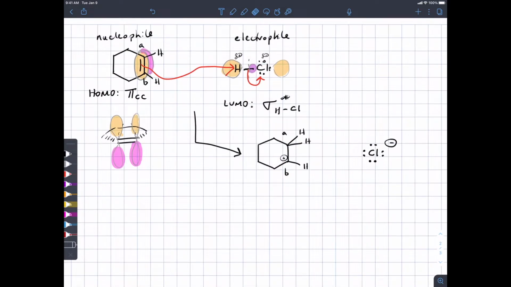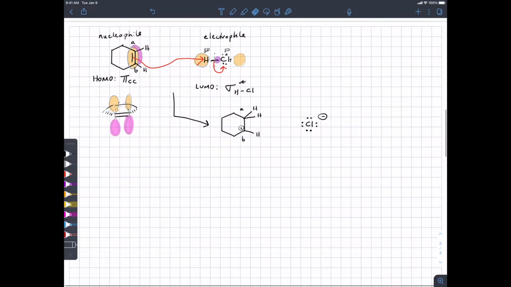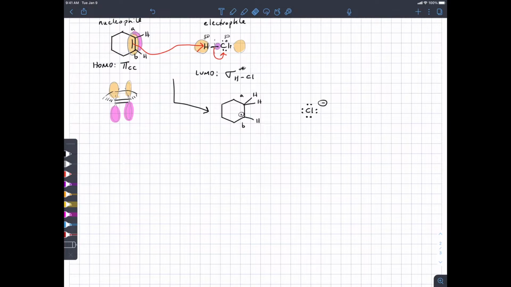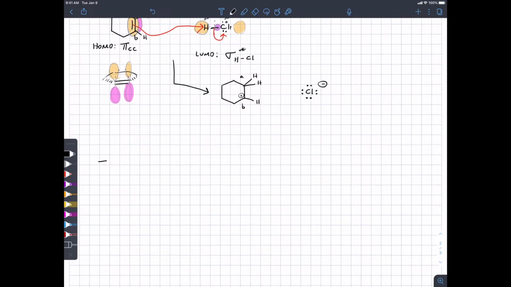Yeah. How would this work with the energy orbital diagram? Let's see. Well, before, for the nucleophile, we had a pi bond, right? That pi bond came from overlap of a p orbital on carbon A with a p orbital on carbon B to give you this pi bond, and we'll say it's got electrons in it.